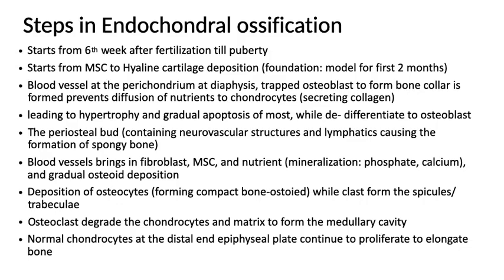And what happens is, as they do that, blood vessels develop around that collar, and then gradually go into the developing bone. And when it does that, it brings in so many things: mineral nutrients, fibroblasts, mesenchymal stem cells. Those mesenchymal stem cells could differentiate into osteoclasts and osteoblasts.